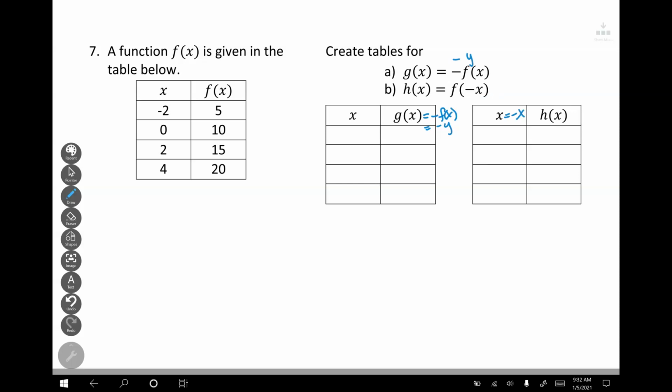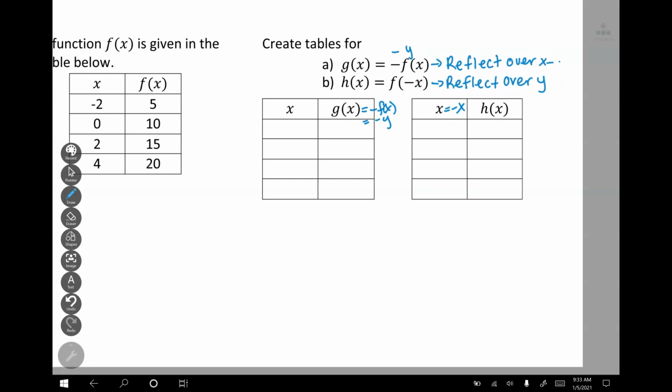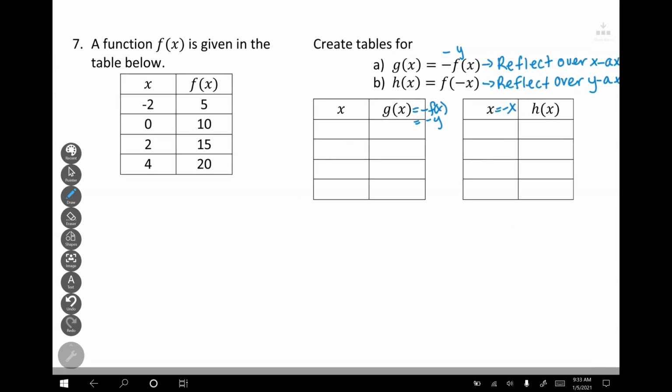So my first table, also, let's point out that this is going to be a reflection. You always want to have these transformations kind of in the forefront of your mind. Reflect over x, reflect over y. Okay, so let's fill in our table.